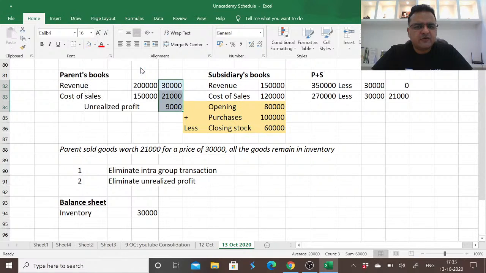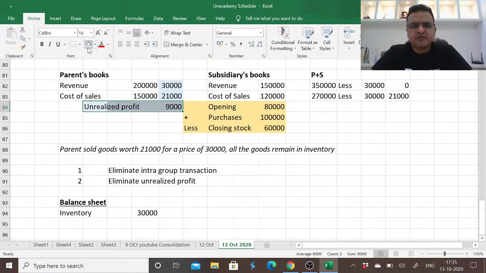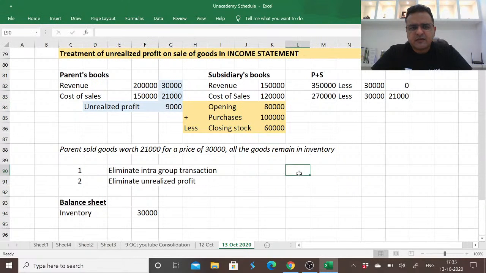They purchased it for 30, removed it from here at 30, and could not sell it any further. So this has resulted in valuing the closing stock at 30,000.